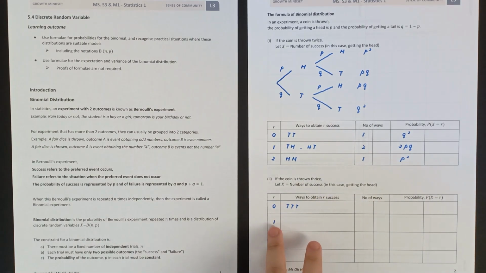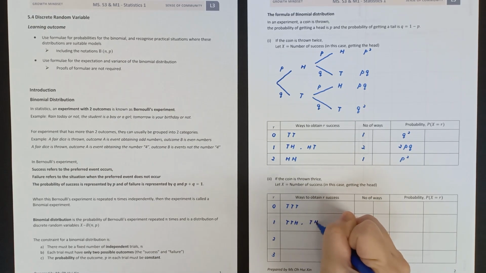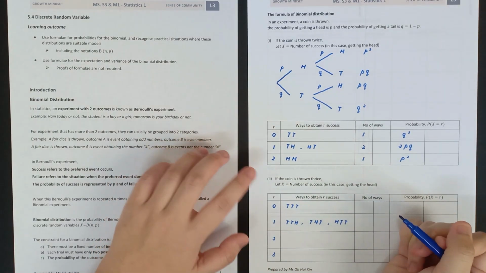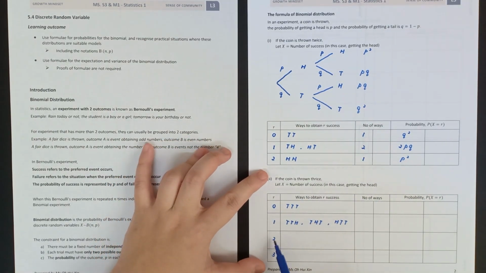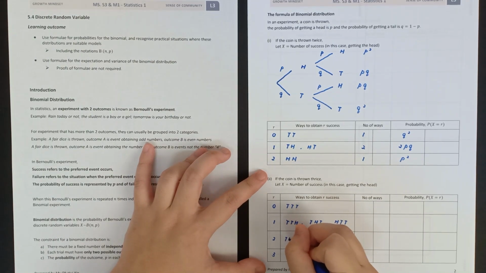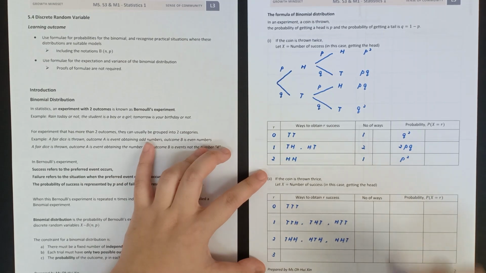If I have only 1 head, like 1 success here, then I can have tail tail head, or tail head tail, or even head tail tail. Correct? Okay, so the next one I have 2 heads. If I have 2 heads, then I can have tail head head, I can have head tail head, or I can even have head head tail.